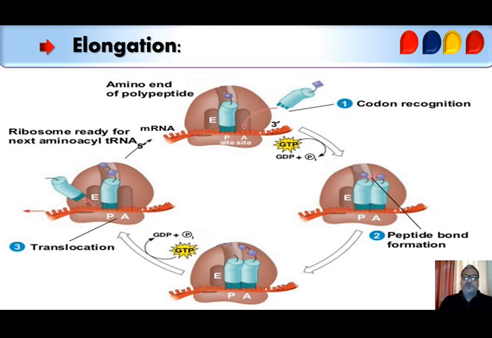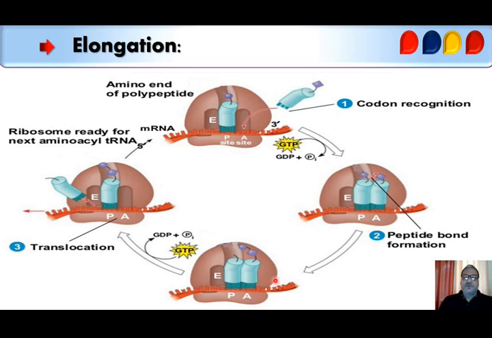Once the transfer RNA with the corresponding complementary pairing attaches here, the peptide bond is formed between the pre-existing amino acid and the newly arrived amino acid, and this is facilitated by the peptidyl transferase enzyme. Then after the formation of the peptide bond, the ribosome moves again one codon length from 5' to 3' direction.